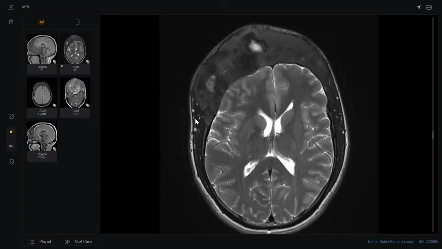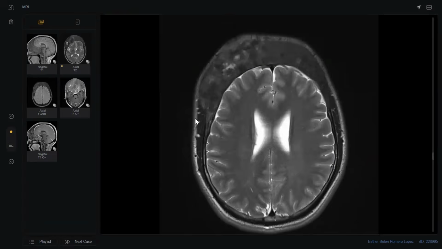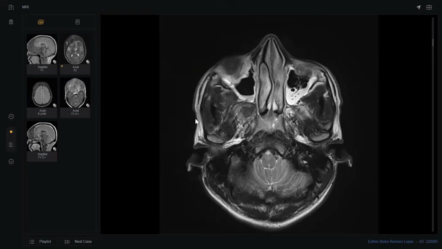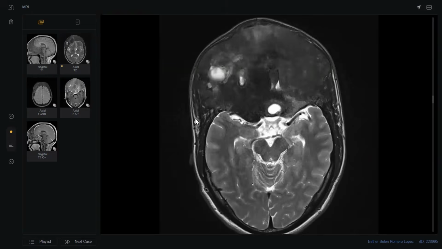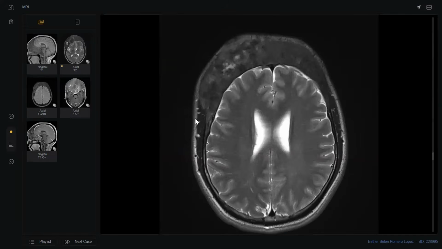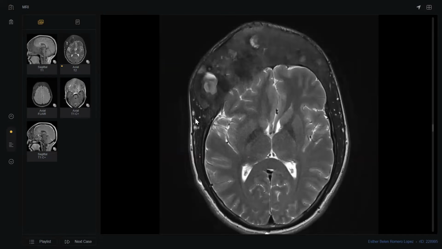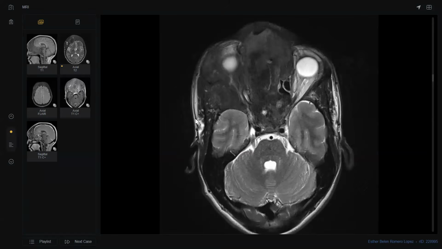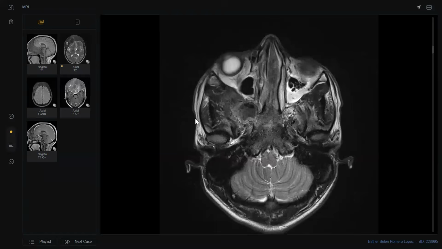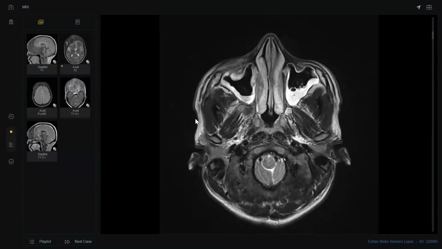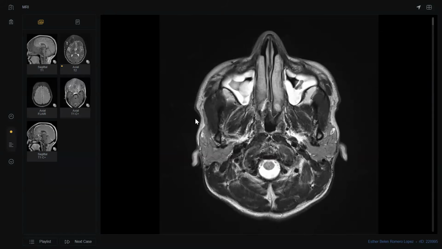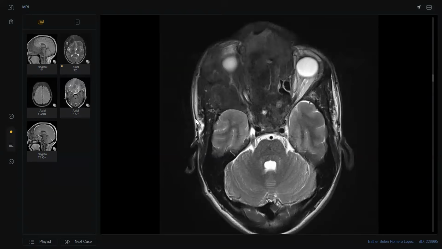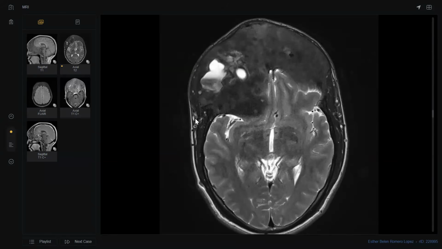On T2, there are cystic areas which might represent the lytic and sclerotic changes that happen with the bone in fibrous dysplasia. It causes compression also over the frontal lobe, and there is evidence of bilateral maxillary sinusitis, probably because of occlusion of the osteomeatal complex and the drainage of paranasal sinuses.